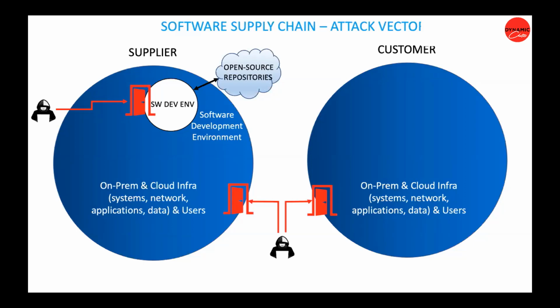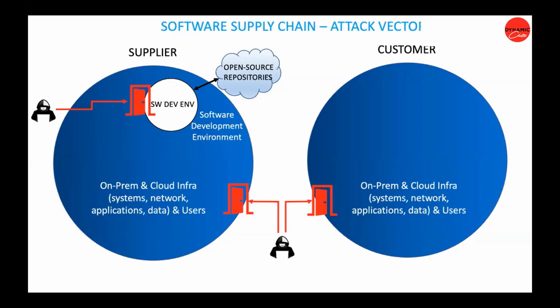Now, the attack vectors, the doors, are symbolic in this slide. That means the attacker can get into the infra. On-prem and cloud infra involve typical perimeter attacks, application attacks, and other things, phishing, etc. That's one way that they get in.